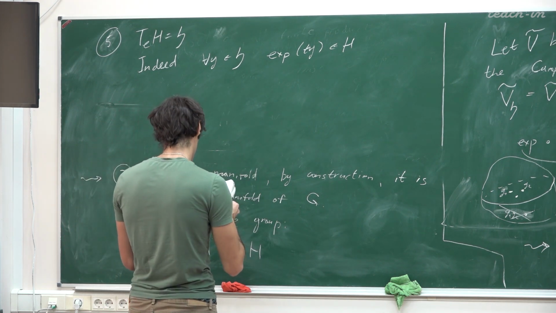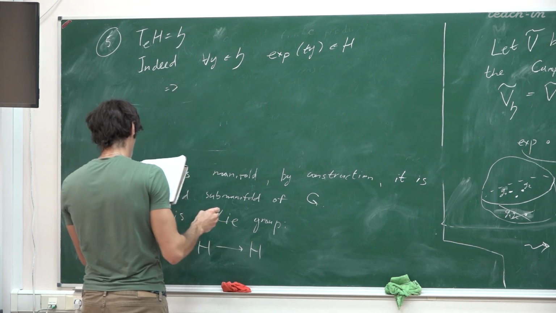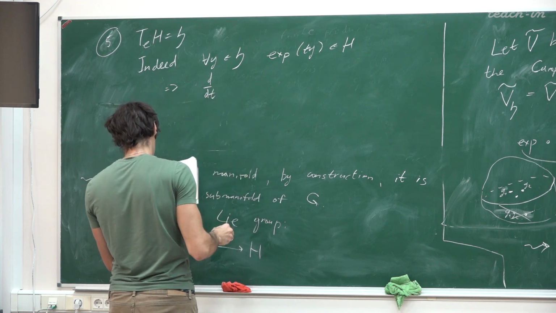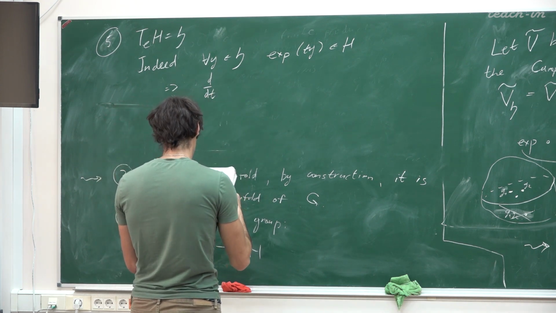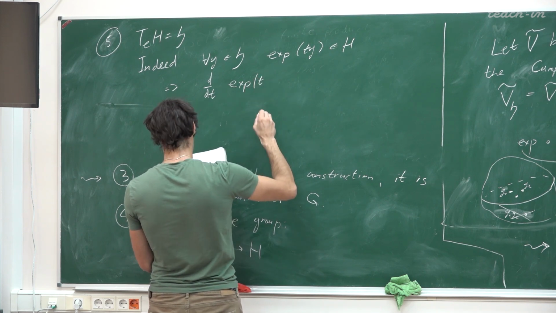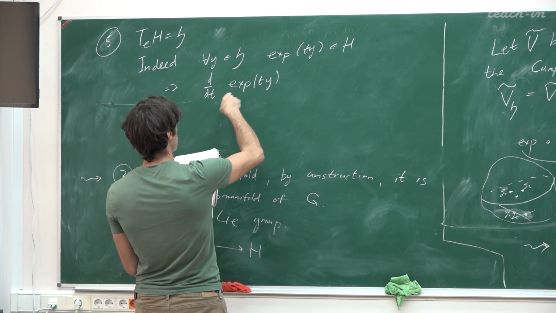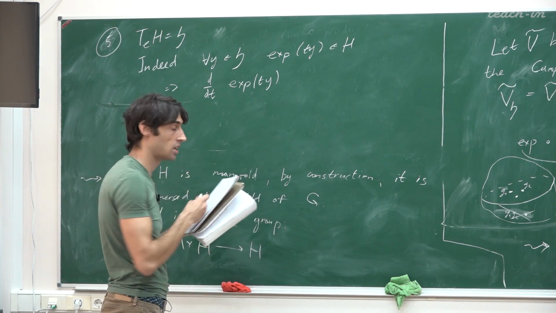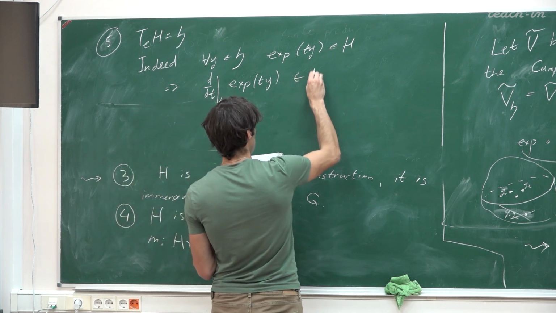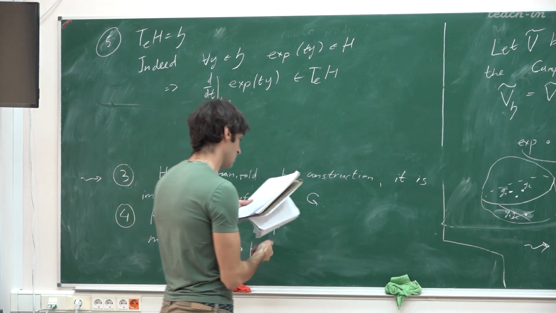So therefore, d over dt of exp ty, the tangent vector to this curve at 0, belongs to TeH because of this, right?